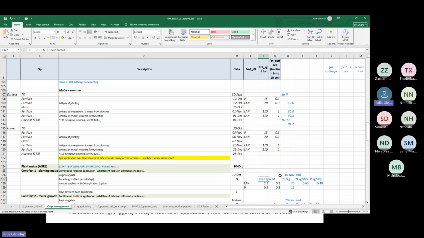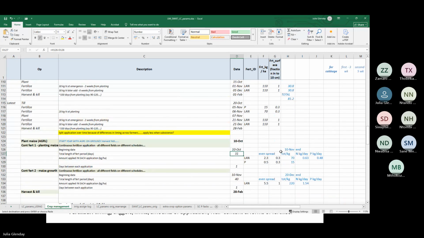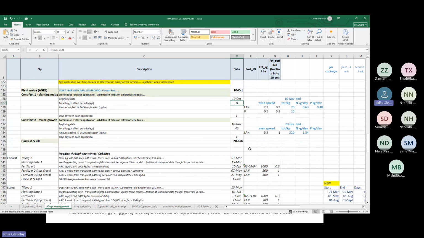So I did an even spread of the kilograms being applied between the 10th of October and the 30th of November, for example, instead of saying everything's applied on the 10th of October. And then you can trigger it also.